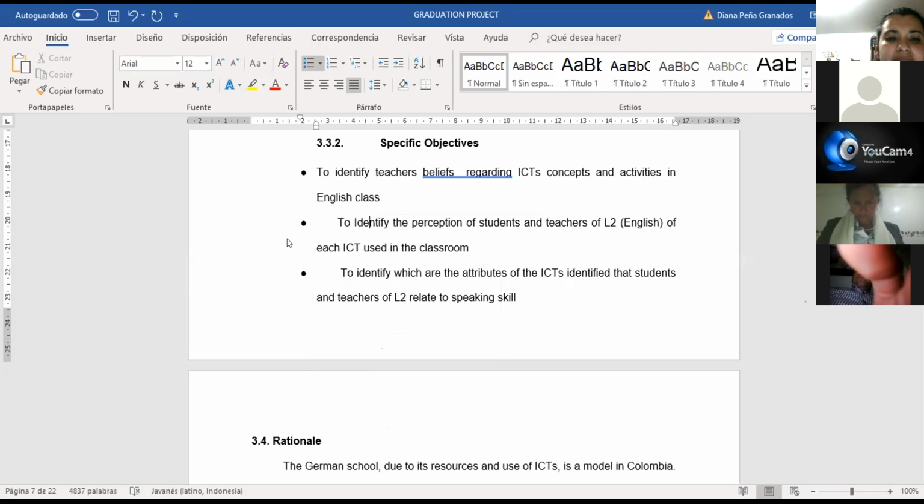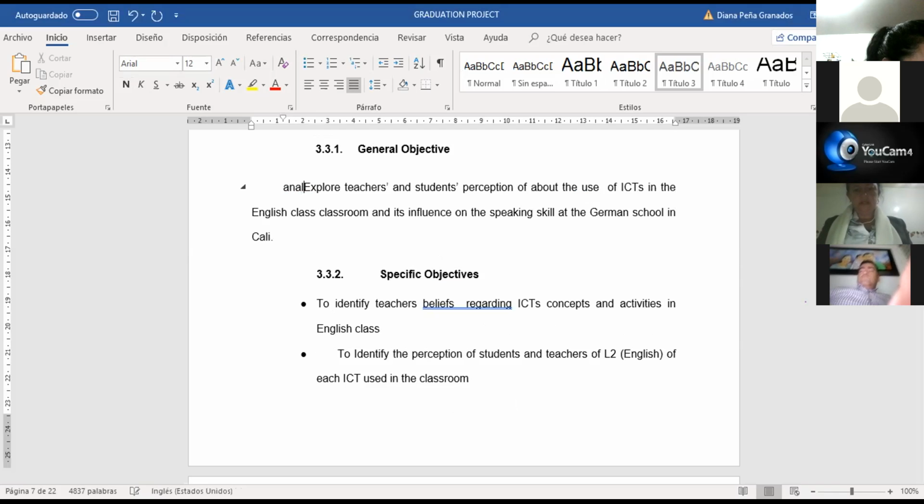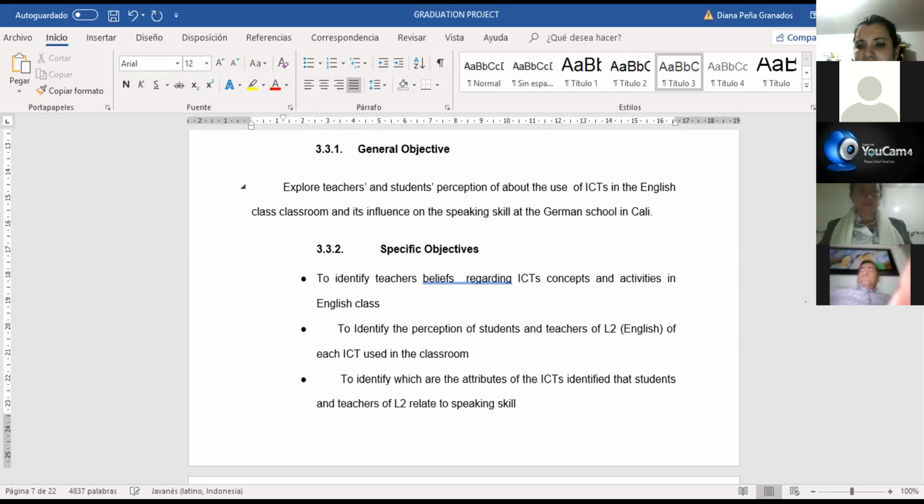What is the general objective? Can you go back a little bit, please? So explore, no, analyze or describe.